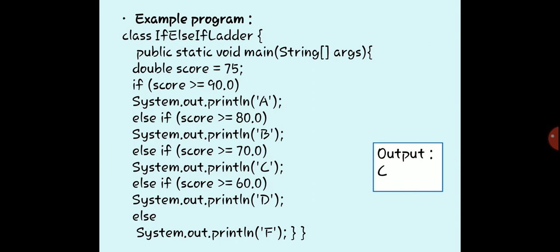If the mark is greater than 90, the grade is A. If greater than 80, the grade is B. If greater than 70, the grade is C. If greater than 60, then D, else it is fail, F. The mark given is 75, so the grade is C. Here we are checking many conditions, and in all the ifs we are checking one condition. You have to note it.